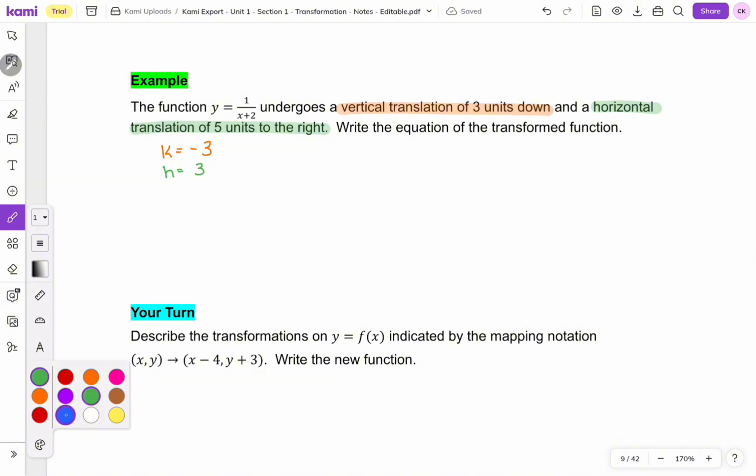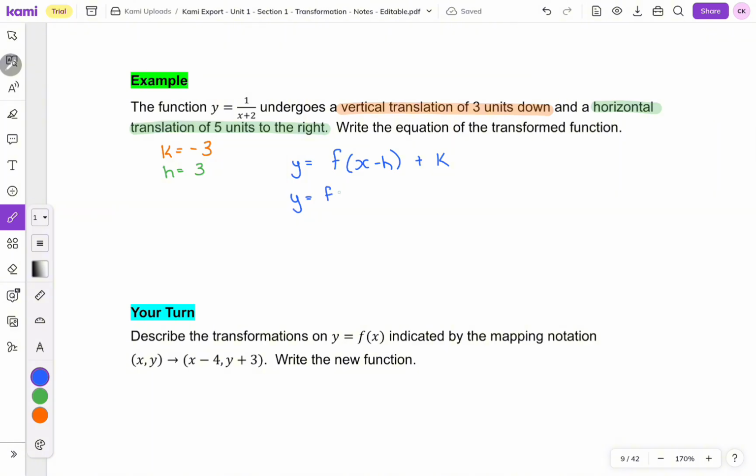So if we put this into our transformation function, remember our basic one says y equals f of x minus h plus k. Well, I know our values of h and k from our function.